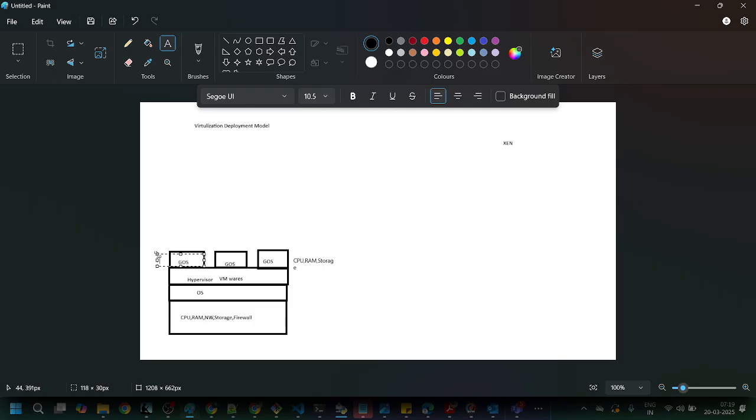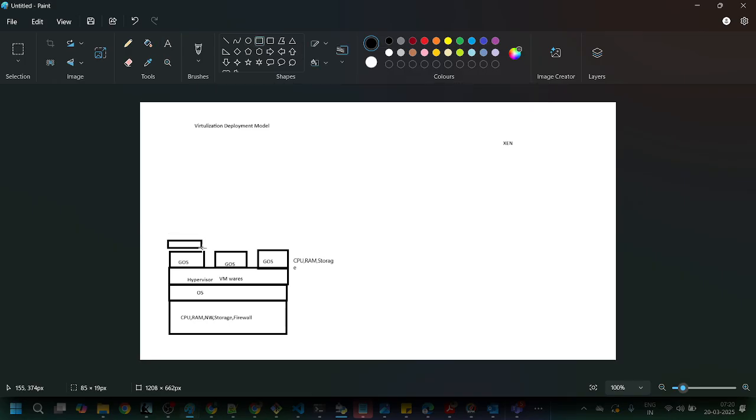Whenever you create a guest OS, it will ask you to allocate the resources: how much CPU, how much RAM, how much storage, what is the network. When we set up a guest OS, it asks this, and we allocate those resources for each guest OS.